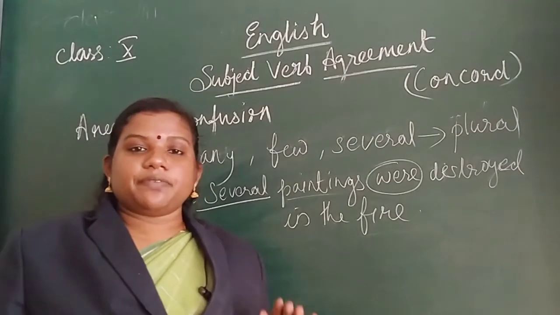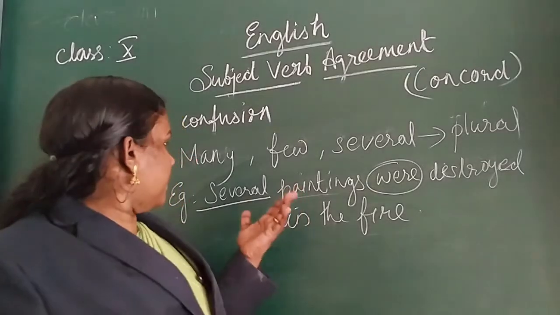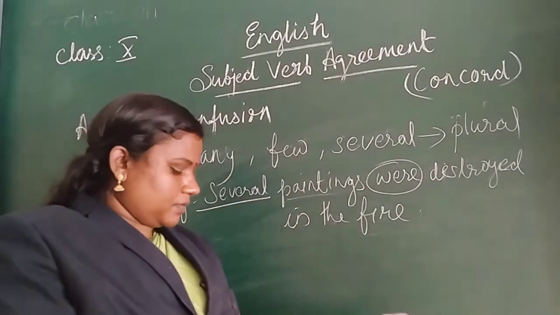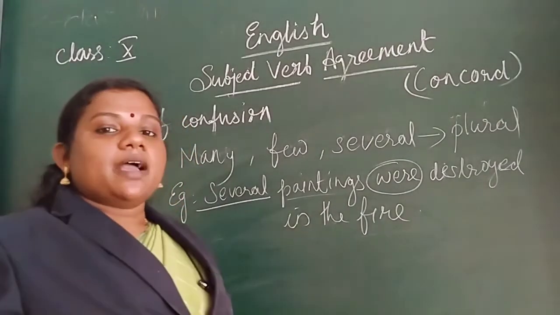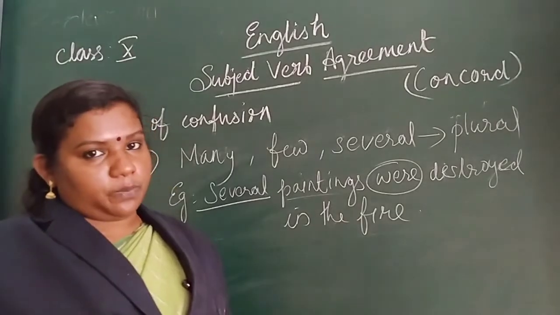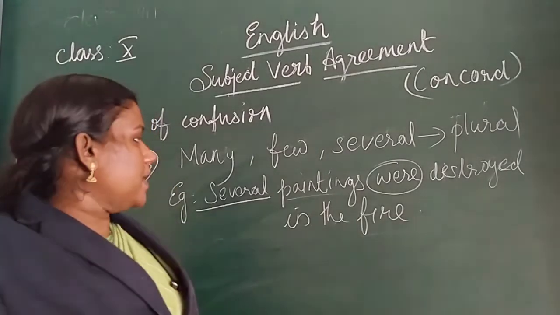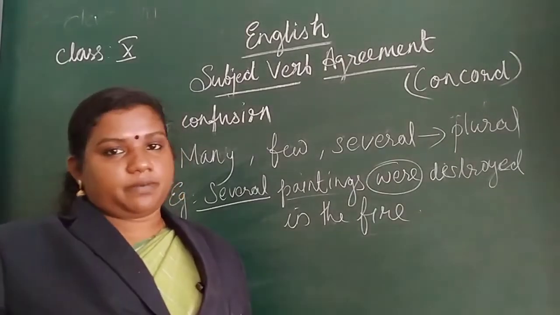So some indefinite pronouns we have seen: some, any, most. If these pronouns are coming with countable nouns, we will go with the plural verb. With uncountable nouns, we will go with the singular verb. Here, many, few, several, we will go with the plural verb.